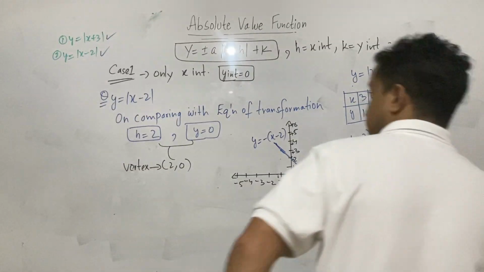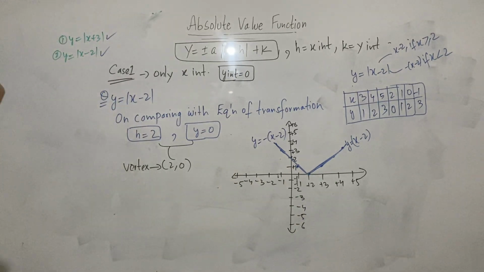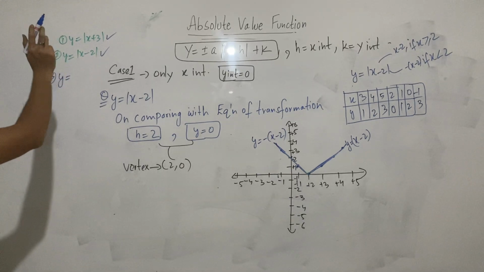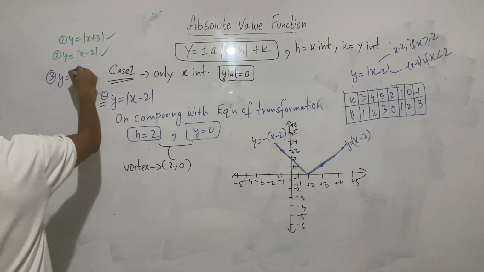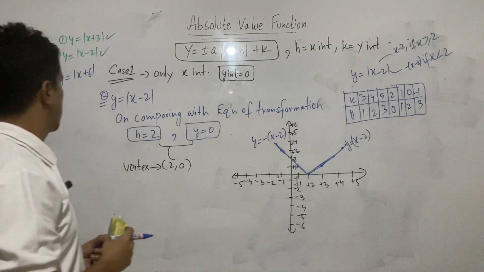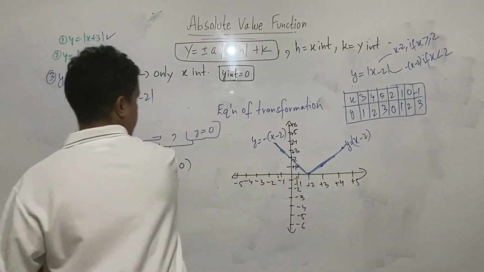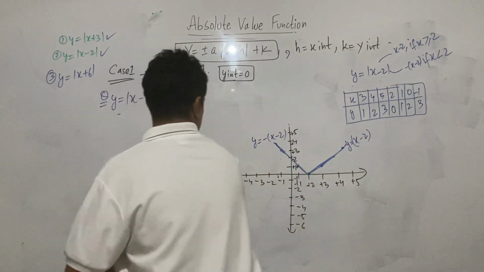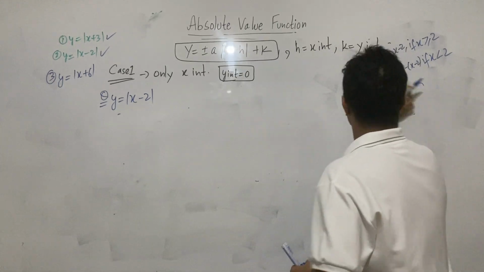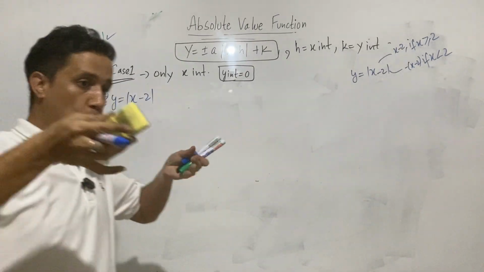Let's take this one, y equals x plus 6. I'm going to erase it. We can now go with graphs that open downward.